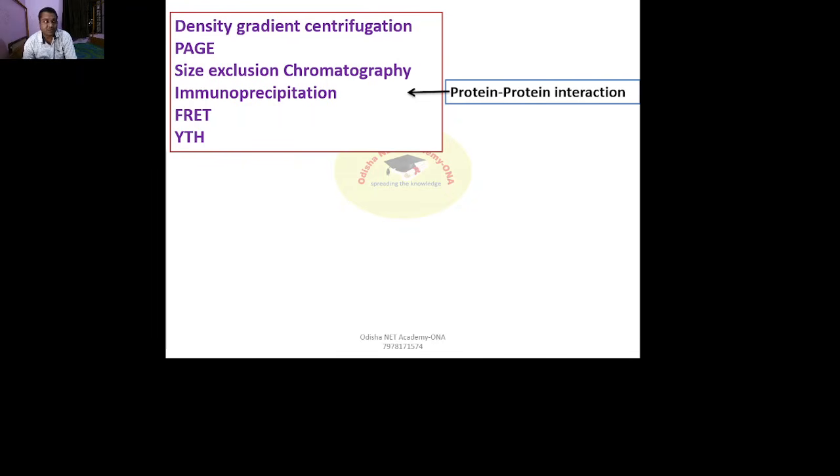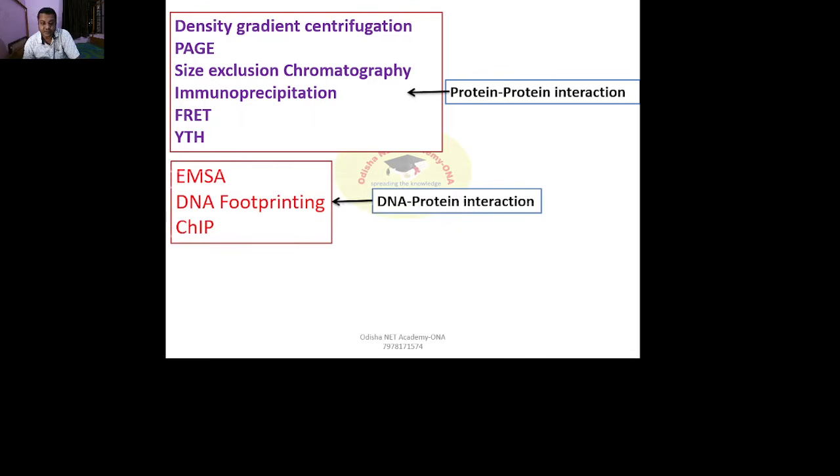Okay, so first we'll discuss the principle of all these techniques, followed by one of the applications, that is protein-protein interaction. How can you detect whether two proteins are interacting or not with the help of these techniques? In addition to that, technique 1 contains protein-DNA interaction also. It includes methods like EMSA, DNA footprinting, and ChIP, the chromatin immunoprecipitation method.